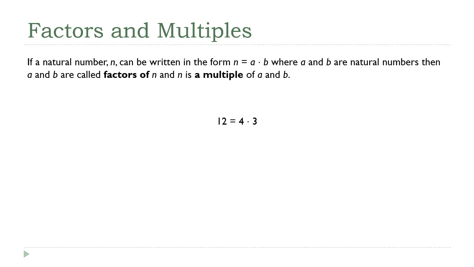Okay, so these factors and multiples, they're not necessarily unique. It's always something mathematicians want to worry about, right? Is something unique? Well, they're not. And you can see that here with 12. 12 is also 2 times 6. 12 is also 1 times 12. In this case, there are several different ways that we can factor this one number.